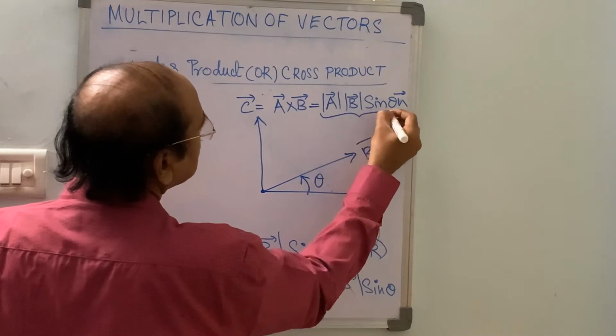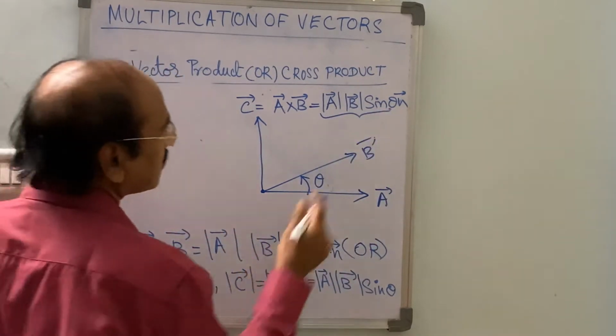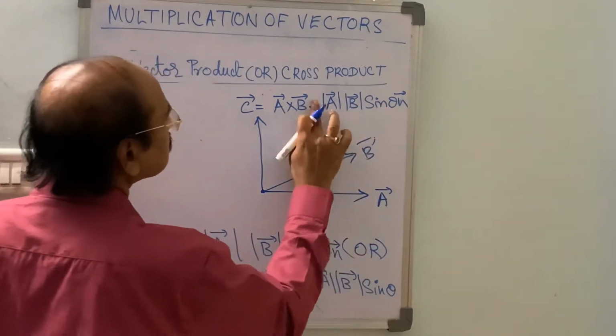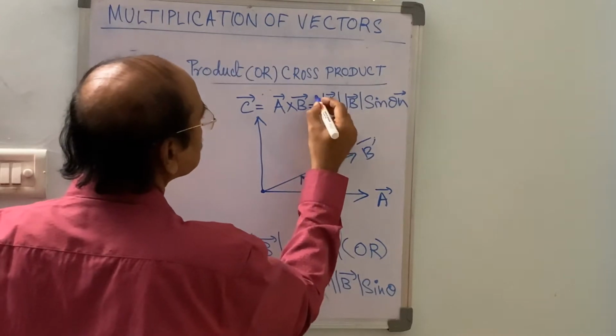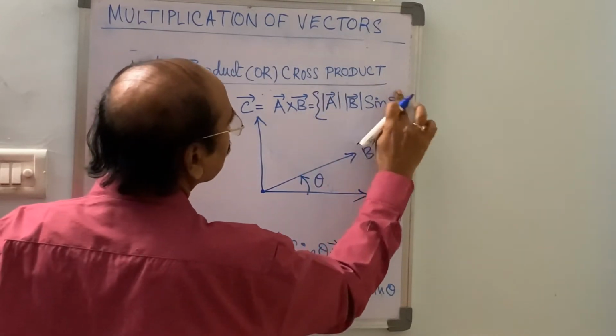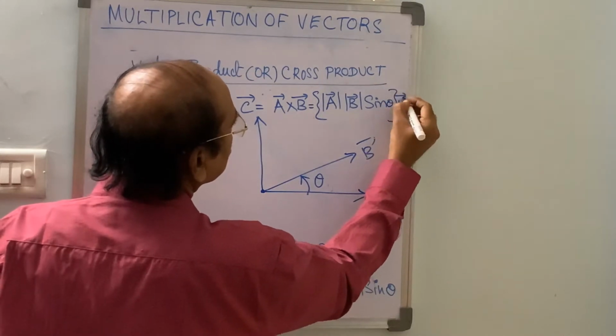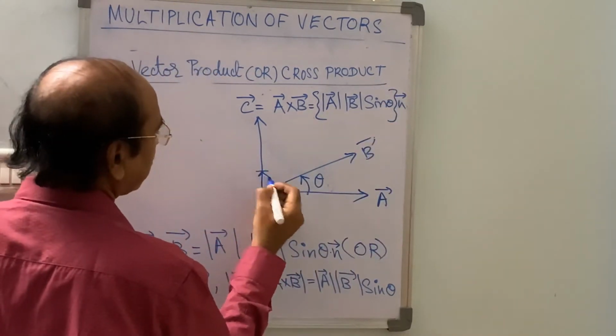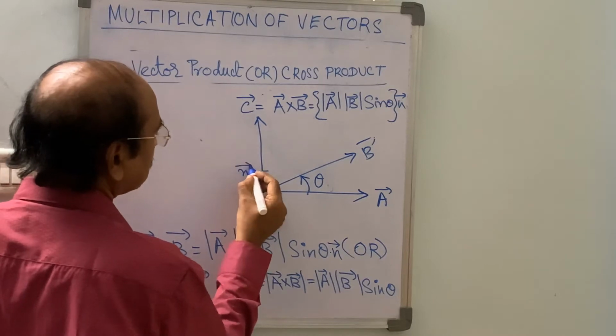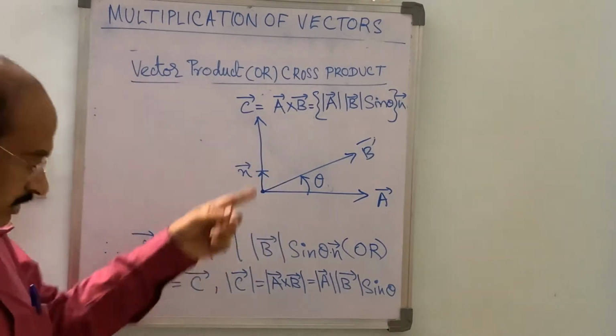So this part is the magnitude, a scalar quantity, where n bar is a unit vector in the direction of c bar or a bar cross b bar.